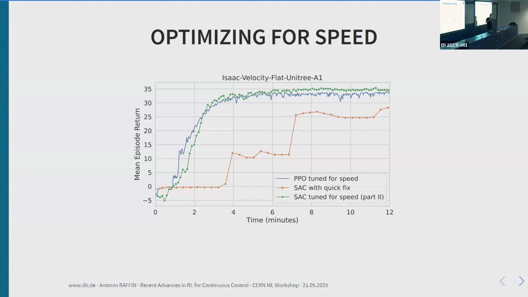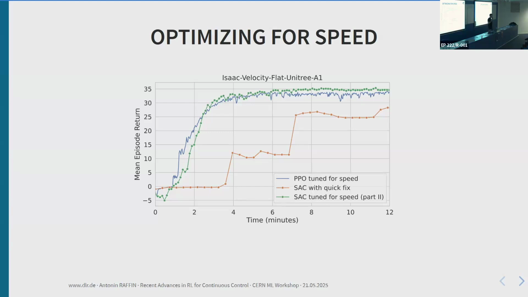If you use hyperparameter optimization and tune it for speed, you can actually get similar results. So you can obtain good performance quickly by choosing the right set of hyperparameters. And in addition to that, SAC here uses fewer samples.